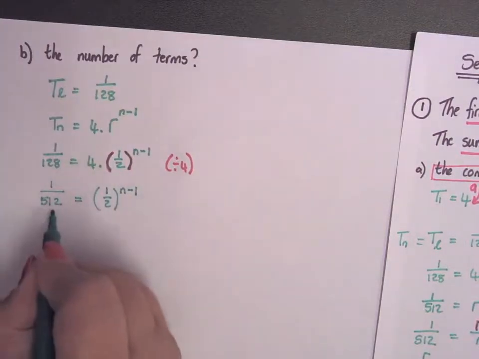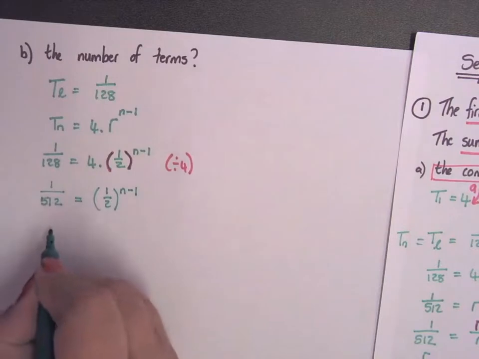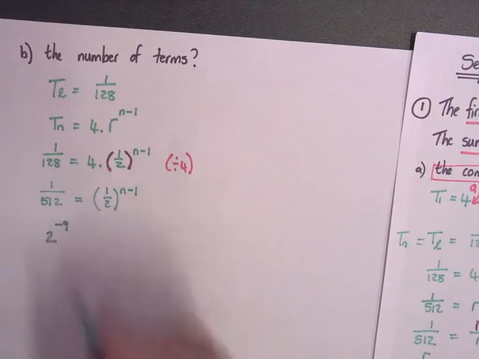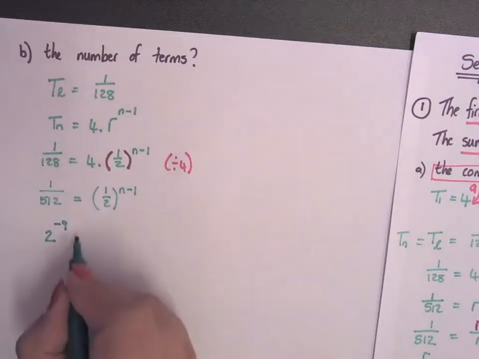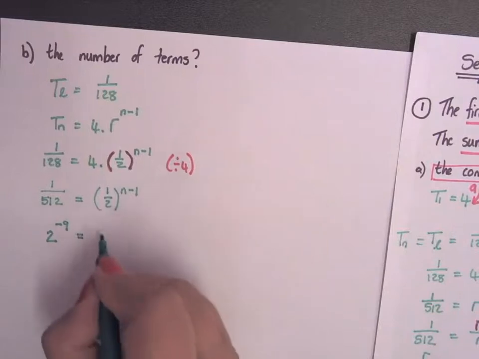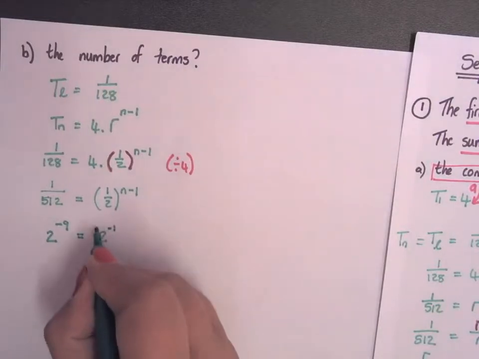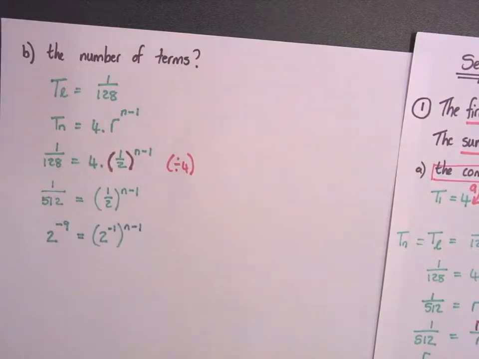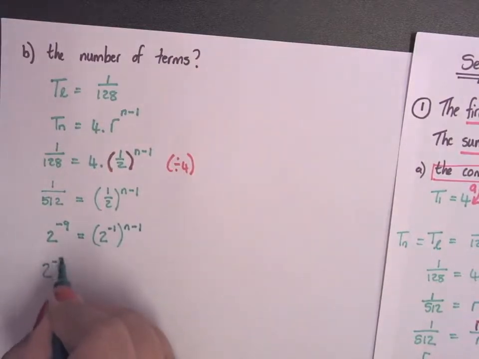This 512 is 2 to the power of 9. So I'm going to take it to the numerator, then it becomes 2 to the power of minus 9 equals. This 2 becomes 2 to the power of minus 1, to the power of n minus 1.